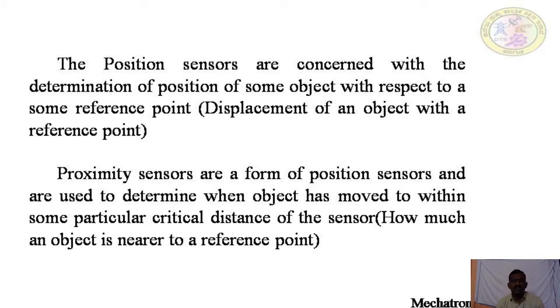Proximity sensor. Proximity sensors are a form of position sensors and are used to determine when an object has moved to within some particular critical distance of the sensor.